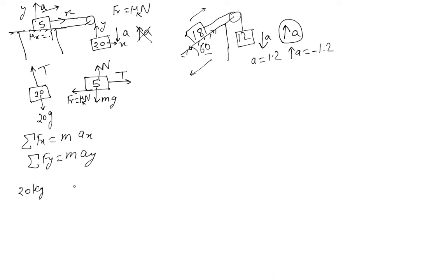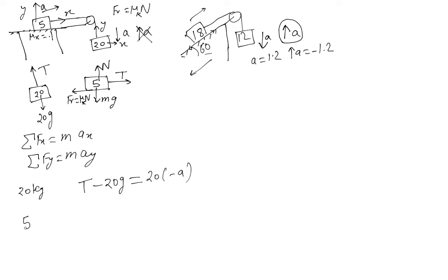So let's write Newton's equation for that one. It's going to be T, T is in the positive y direction, minus 20g equals, we have assumed A to be in the negative y direction, so it should be 20 times minus A.